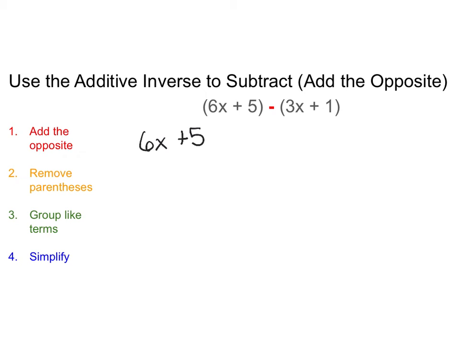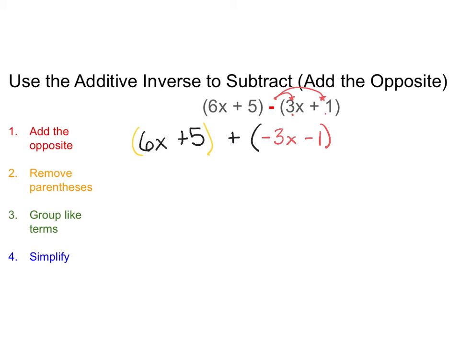And then I'm going to add the opposite. Okay, so I'm going to put plus, and then I'm just going to put the opposite. So what I'm doing is I'm putting the negative in here and in here. So then I have a negative 3x. And then I have a negative or minus 1. So I'm doing the opposite to each one of these.